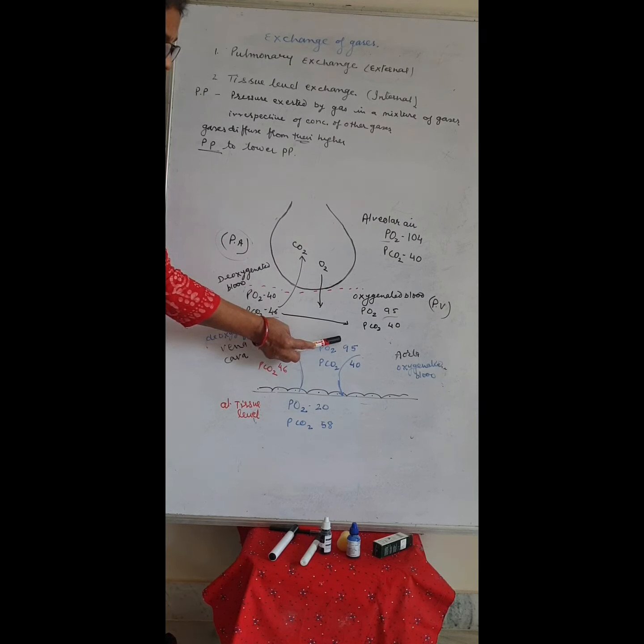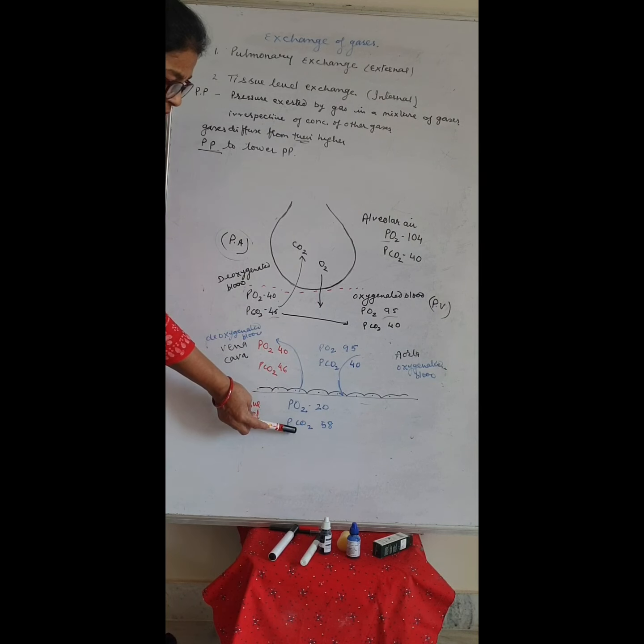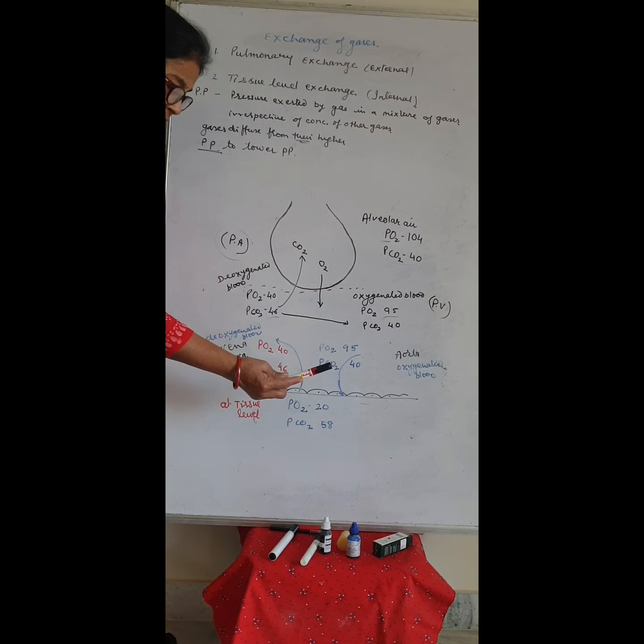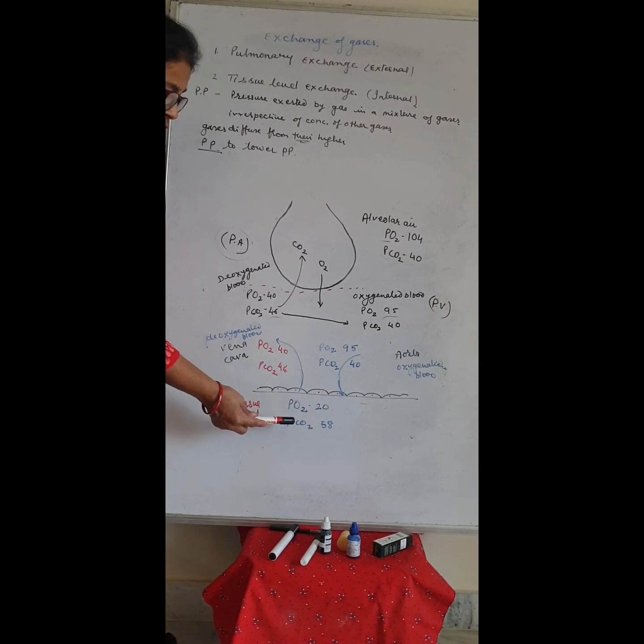At the tissue level, the oxygen is 20 and the carbon dioxide is 58, because a chemical reaction takes place: glucose breaks down, oxygen is used and carbon dioxide is formed. So the carbon dioxide partial pressure is more and the oxygen is less.